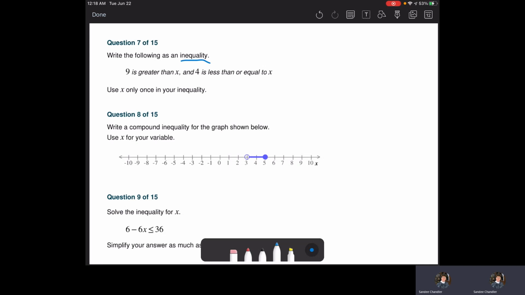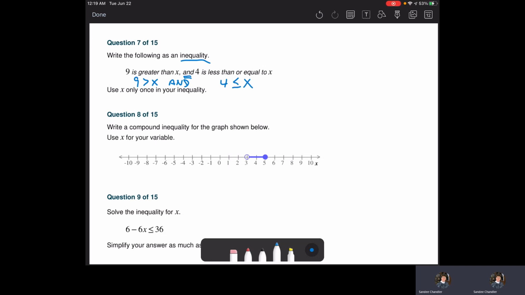9 is greater than x. Well, we can just write that down. 9 greater than x, and 4 is less than or equal to x. 4 is less than or equal to x.